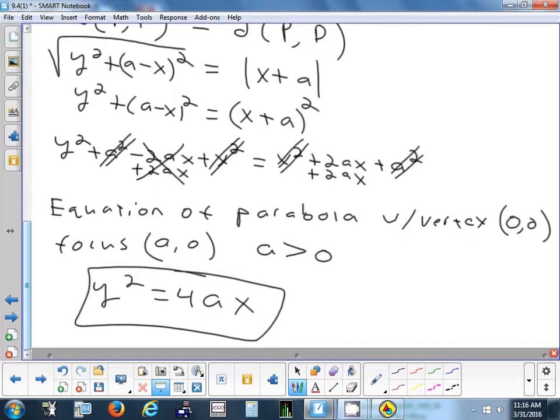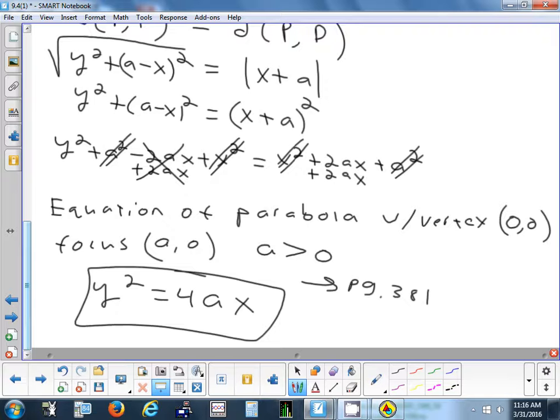If you look at the packet I gave you, that's in a table on page 381, and they have all four of them: y squared equals 4ax, y squared equals negative 4ax, x squared equals 4ay, and x squared equals negative 4ay.